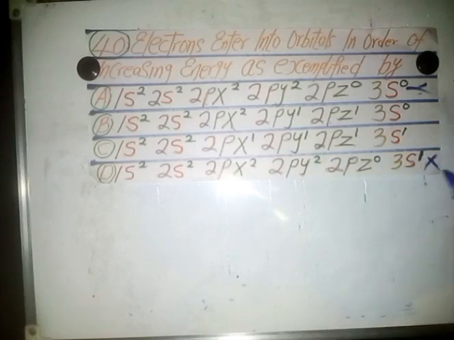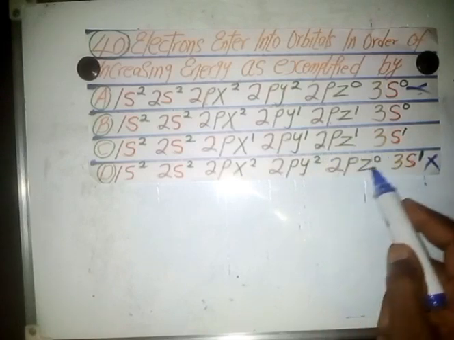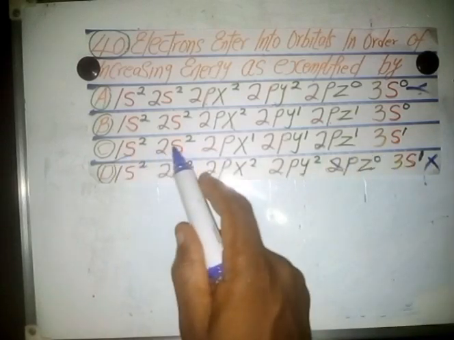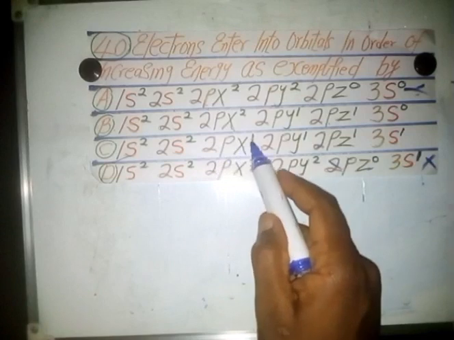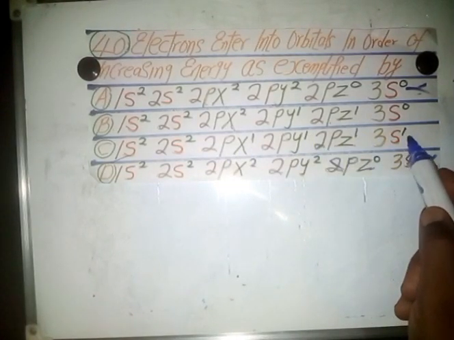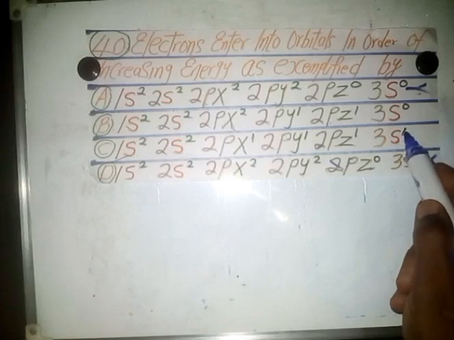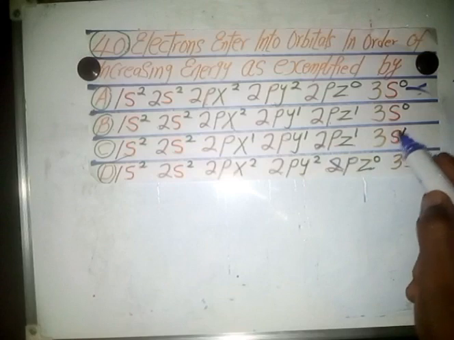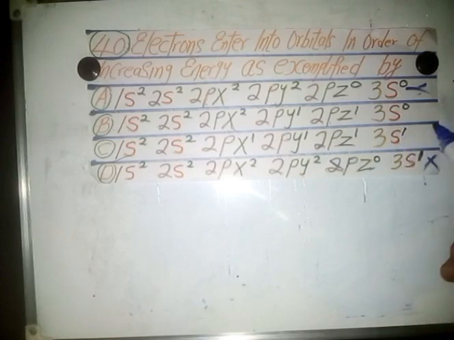This one is already wrong, because you have jumped this side, you want to fill this side. The same thing with this one. 2px1, 2py1, 2pz1, 3s1. Normally, you're not supposed to come here until you have filled the p orbital. That's when you can bring one here. Otherwise, you are disobeying the rule.